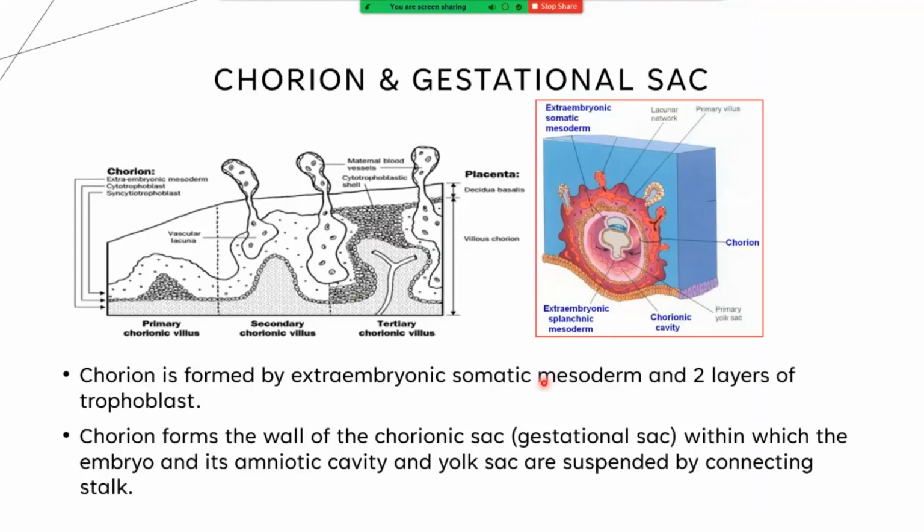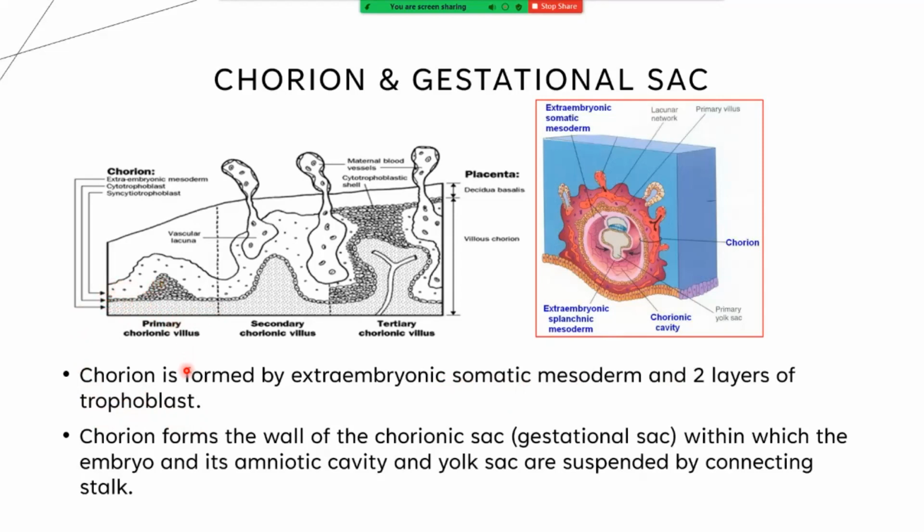Now, move on to the chorion and gestational sac. The chorion is formed by the extraembryonic somatic mesoderm, the layer lining the cytotrophoblast and amnion, plus the two layers of trophoblast: the cytotrophoblast and the syncytial trophoblast.